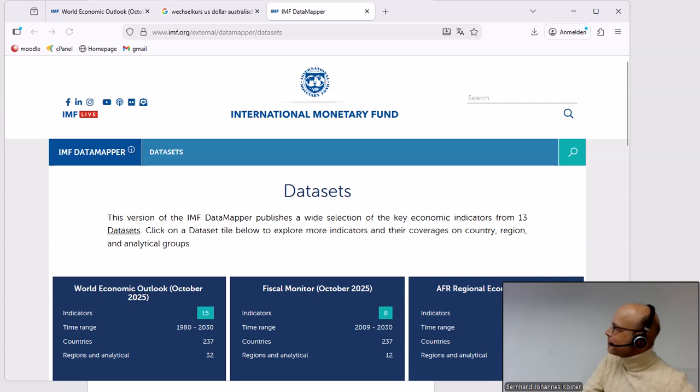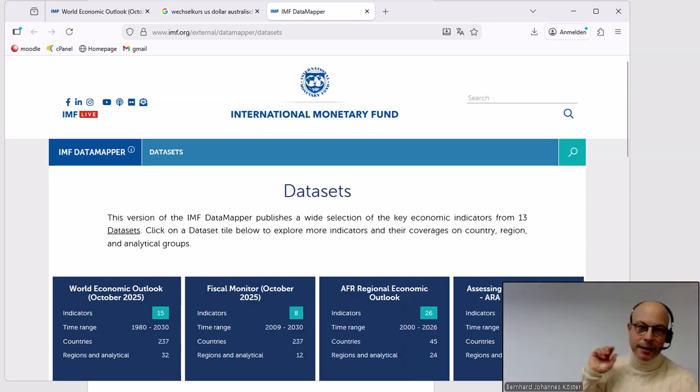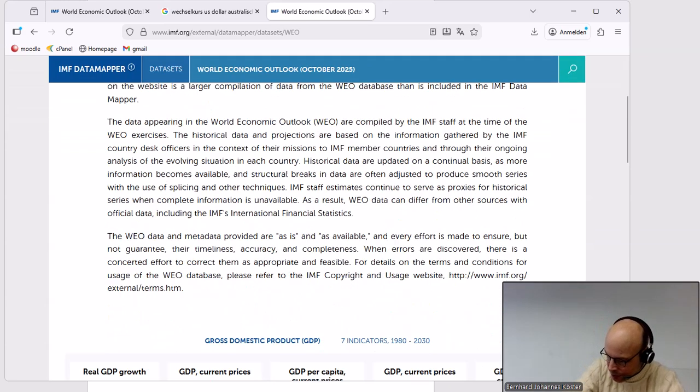There it is. Great. So this is the database of the International Monetary Fund. And especially here you have the World Economic Outlook. And there is the database for roughly 190 countries in the world. And then in a minute we will choose one country, but I want just to show it to you here.